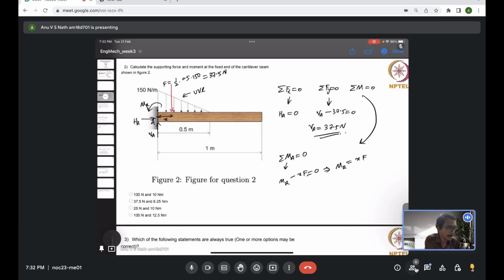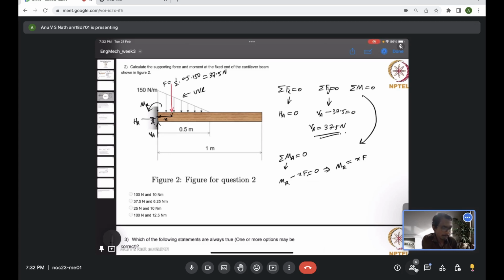But what is x? Someone has pointed out it should be 2/3 from, I don't know whether they meant from the fixed end A. It shouldn't be 2/3 from the fixed end A. It will be 1/3. Basically it should pass through the centroid of the load diagram.